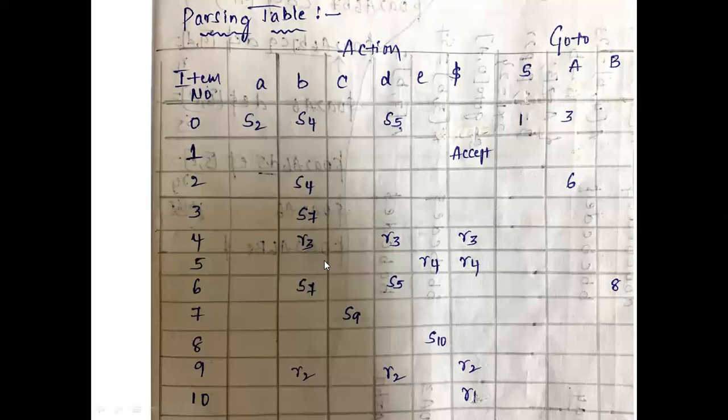So in the place of these entries, just write down R2, R2, R2. Is it clear how to write the reduce numbers? Up to now we filled the entries with the accept and the shifts, and now we are filling by taking the outputs from the follow function for the reduce operation.